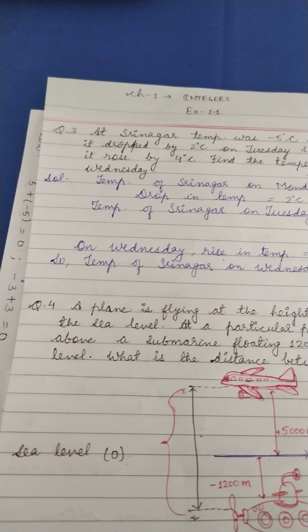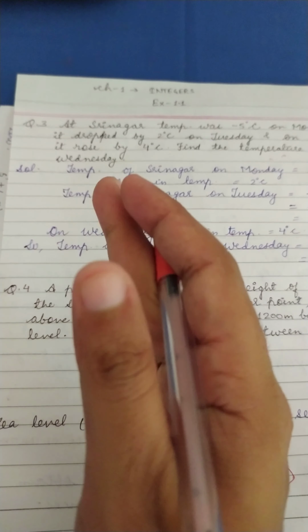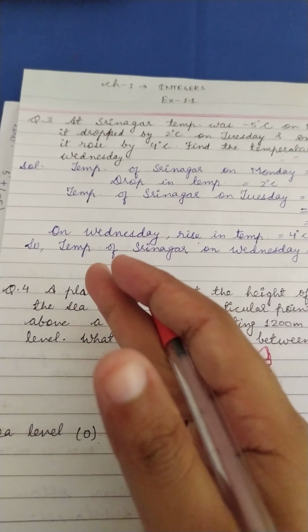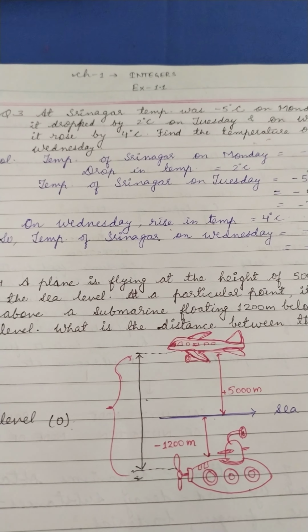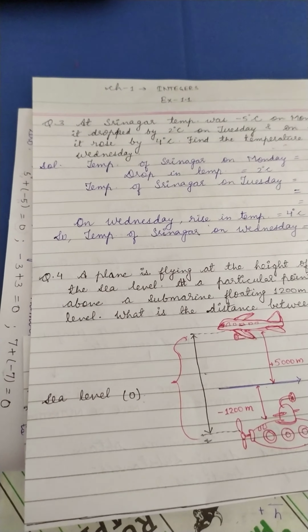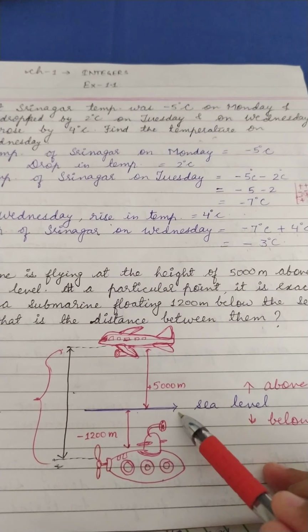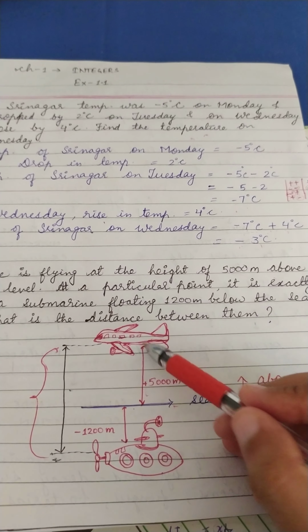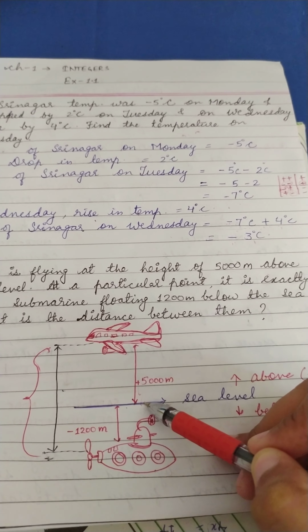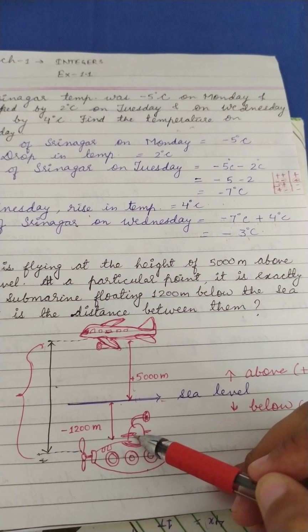So imagine the number line from 0 in the number line. Above, that means positive values, and below the sea level, that means on the left side of the number line. So this is the sea level, this is above the sea level, and the submarine is below the sea level.